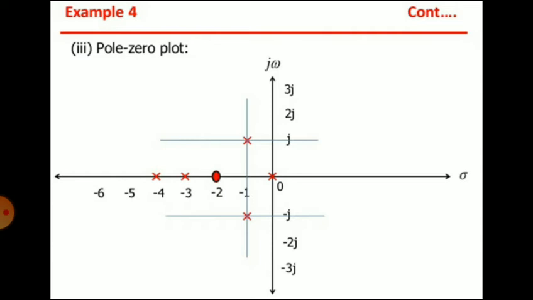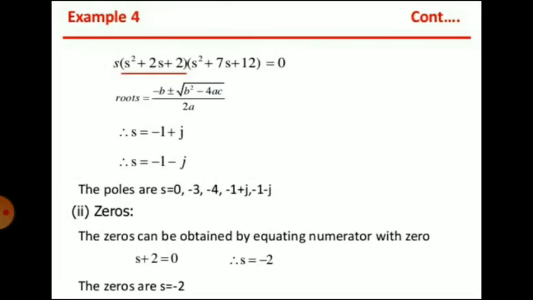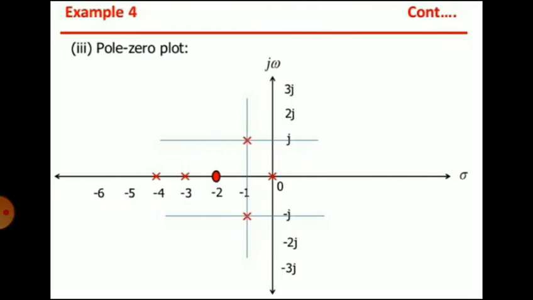That is shown on the x-axis. And -1 plus j and -1 minus j are the imaginary values, so you have to express them on the y-axis.